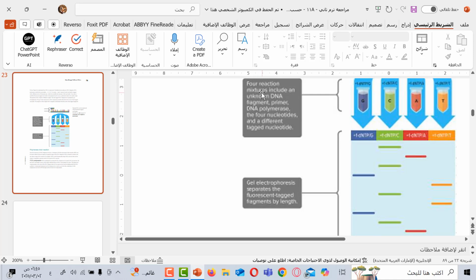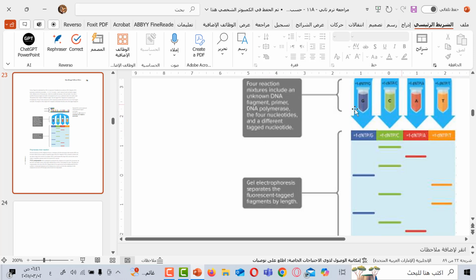The reaction mixture includes an unknown DNA fragment, primers and DNA polymerase, the 4 nucleotides and different tagged nucleotides.